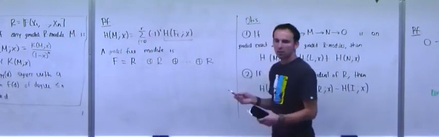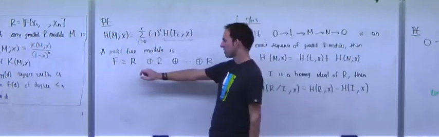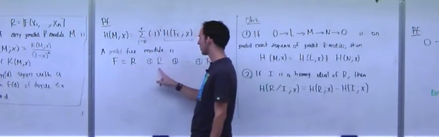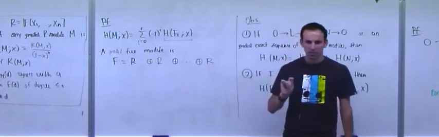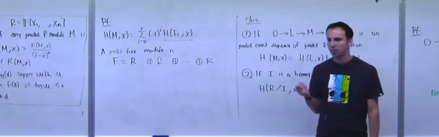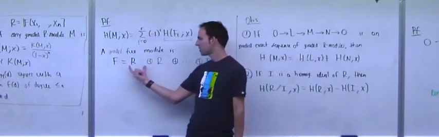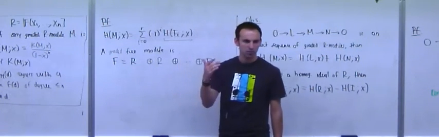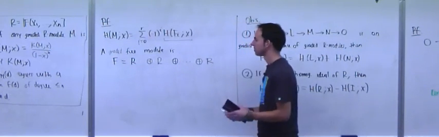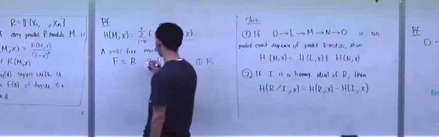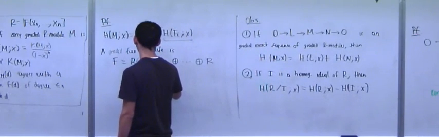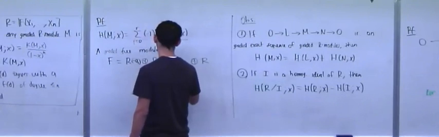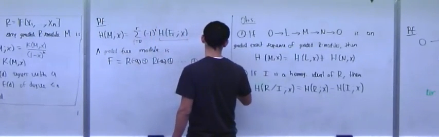Okay? So a graded free module is a direct sum of graded copies of R, but the only subtlety here is that these guys might be graded differently, because we know that we're allowed to shift these guys up and down. So it might be that this guy is shifted by A1, this guy is shifted by A2, this guy is shifted by AM.